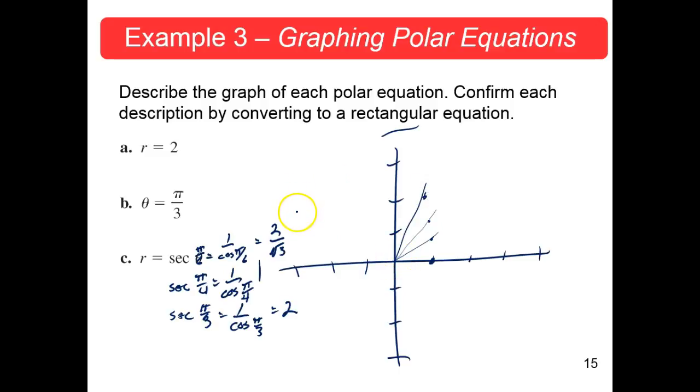This is looking suspicious, isn't it? Okay, and when you're at pi halves, what is secant of pi halves? What's cosine of pi halves? 0. And what's 1 over 0? Absolutely undefined, right? So you can't go there.